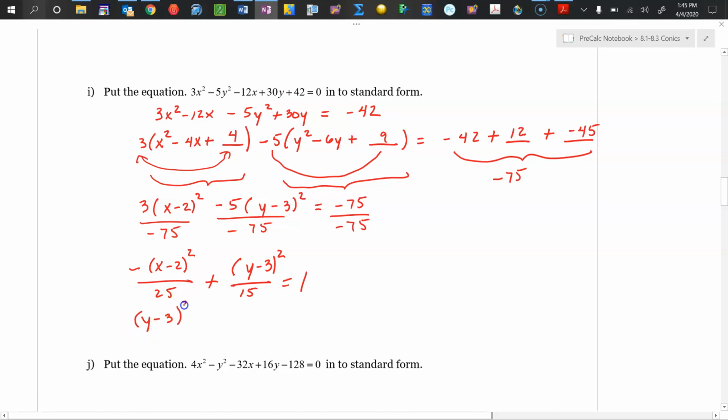So y minus 3 squared over 15 minus x minus 2 squared over 25 is equal to 1.